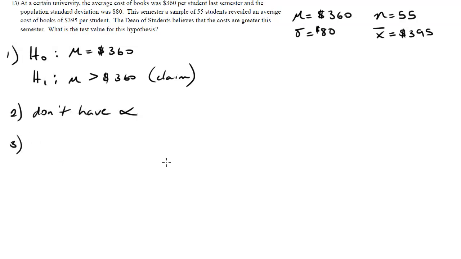But step three, the test value, we can either do it in the calculator or we can use that formula again, x bar minus the population mean divided by sigma over the square root of n. I'll do it here. You can use the calculator if you choose.